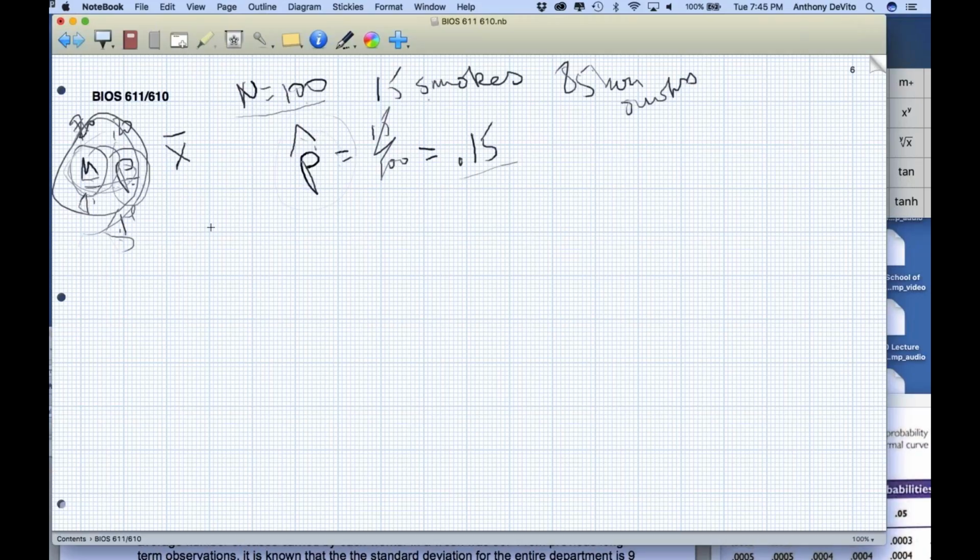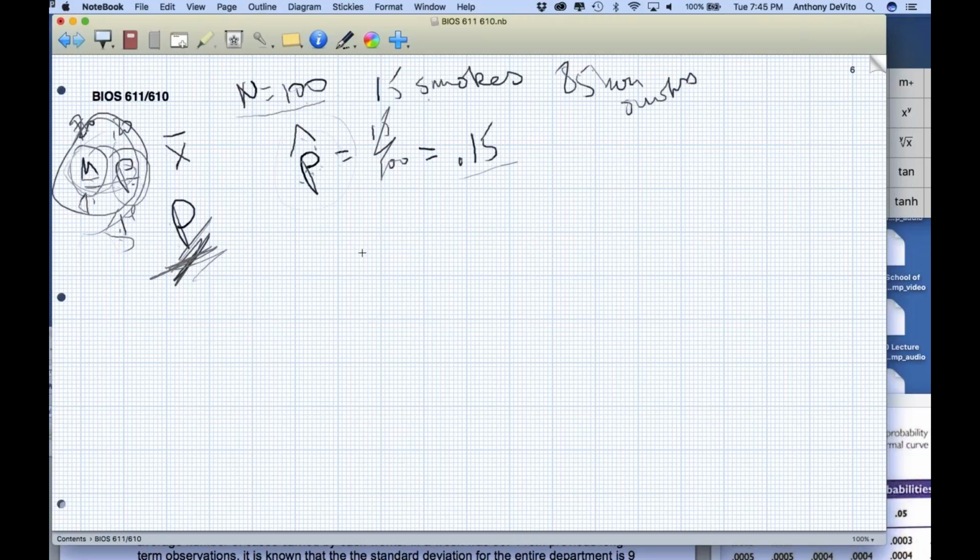Remember, I'm really interested in the true population proportion, not p cap. I'm just using p cap to get to an end, right? So that's really what I want, but this is what I know. So I'll never know this. So at least maybe I can understand how certain I am of what that is. That p cap is based on the sample size that I took.